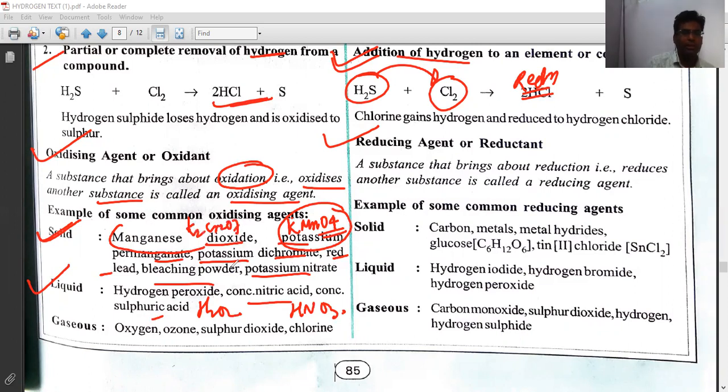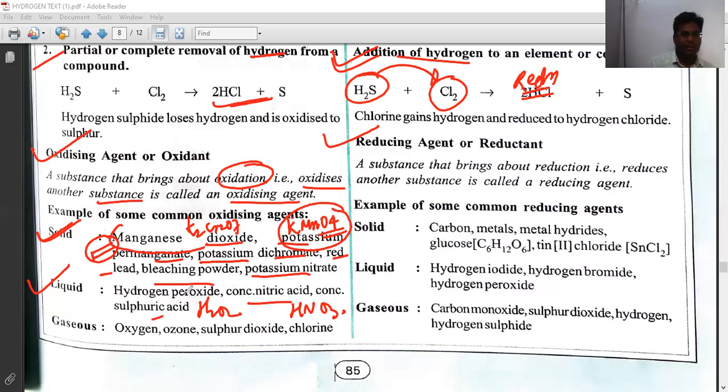K2Cr2O7 is potassium dichromate. So it acts as an oxidizing agent. An oxidizing agent is a substance which produces oxygen. Okay? And that nascent oxygen reacts with another substance. So these are mainly the substances which produce oxygen, so these act as oxidizing agents.